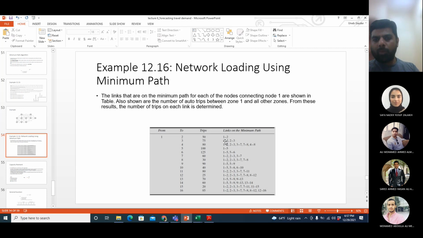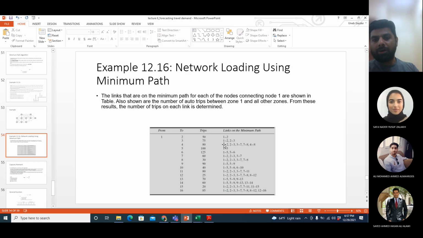Okay, so on link 1 to 2, you will have 50 plus 75 plus 80 trips. Who are these trips? These are the people who want to go from 1 to 2 and 1 to 3 and 1 to 4. All these people will use a common link, so all of them will be added on the link 1 to 2. Okay, and similarly 2 to 3 will be used by these 75 people plus these 60 people, and so on and so forth.